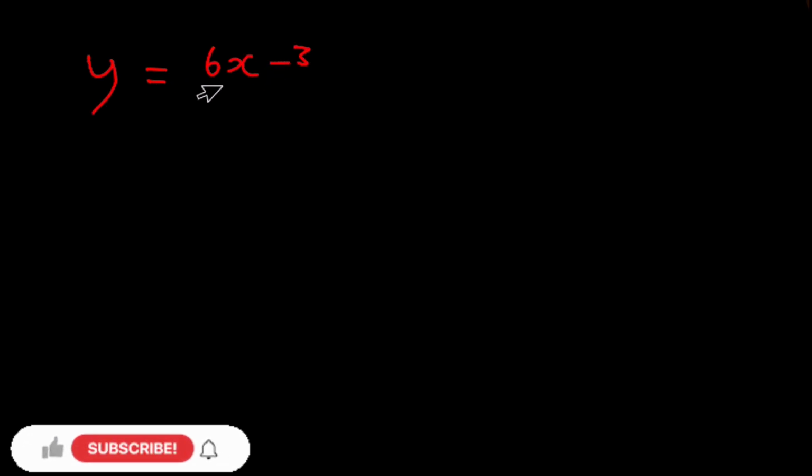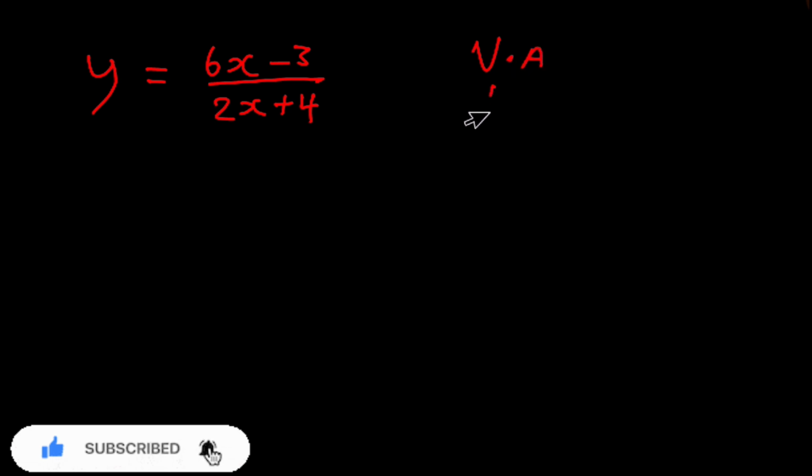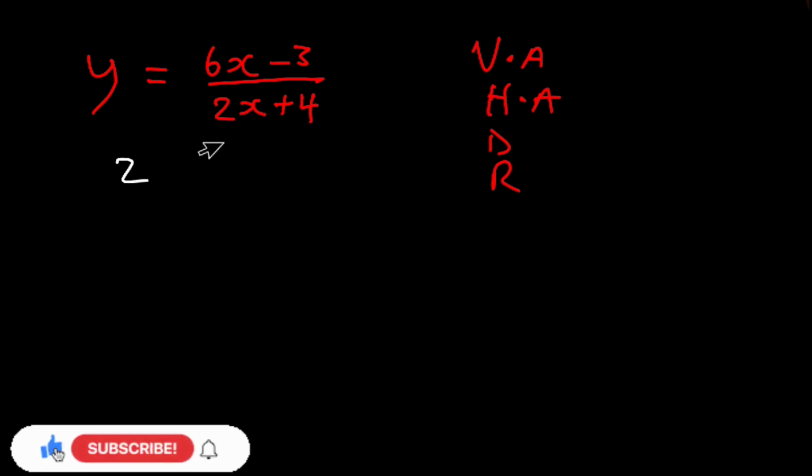Now we have y is equal to 6x minus 3 divided by 2x plus 4. Let's find the vertical asymptote, the horizontal asymptote, the domain and the range of this function. To find the vertical asymptote, simply set the denominator to 0.